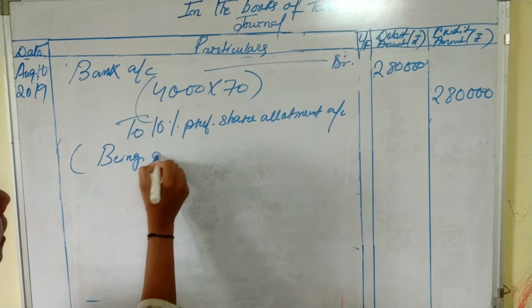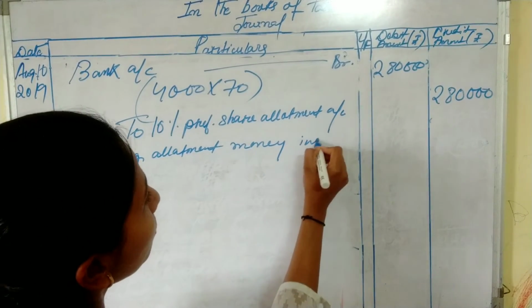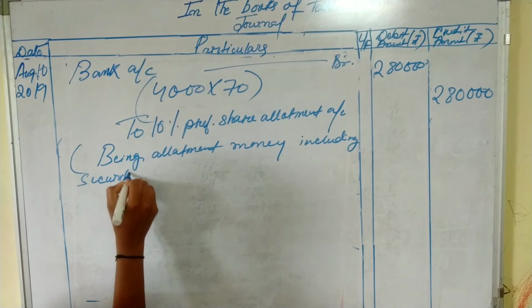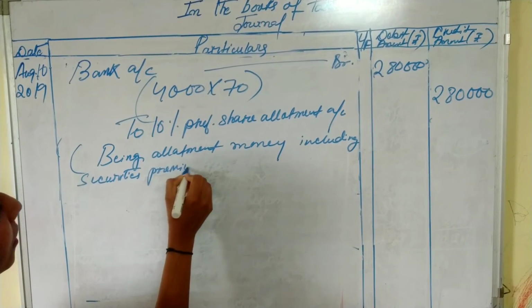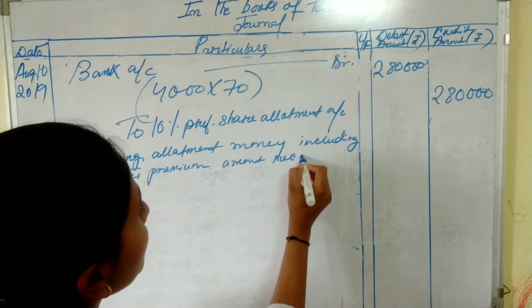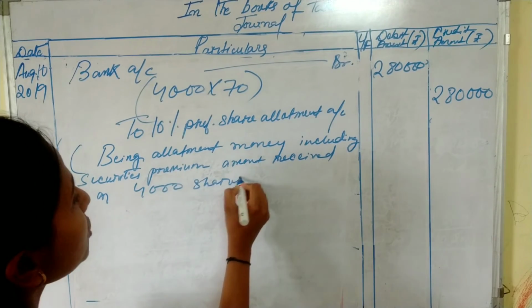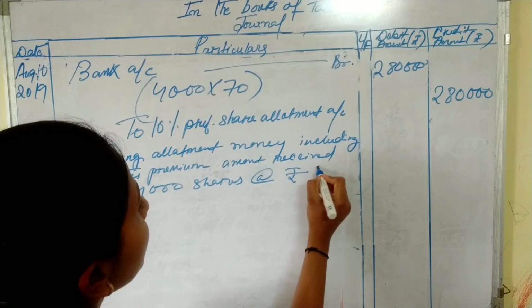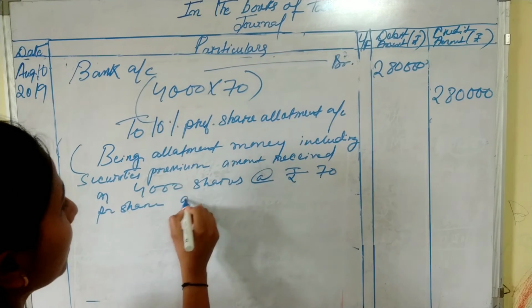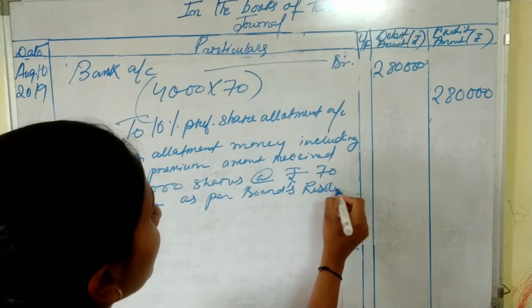Being allotment money including securities premium amount received on 4,000 shares at the rate of rupees 70 per share.